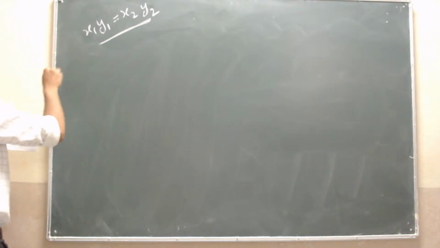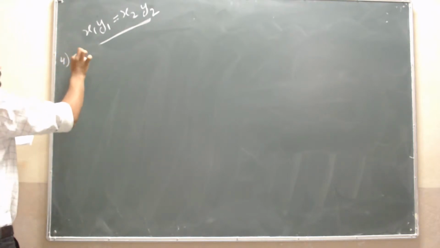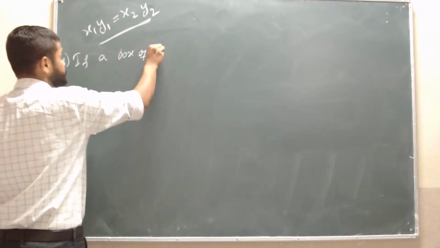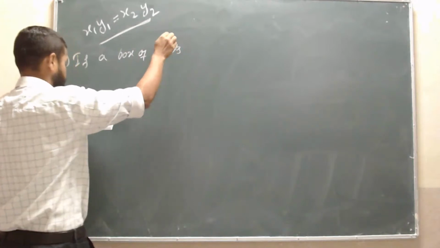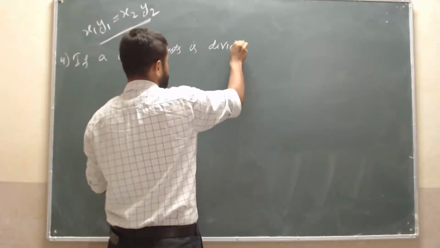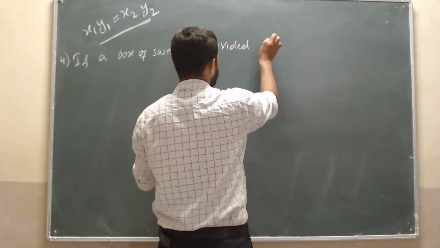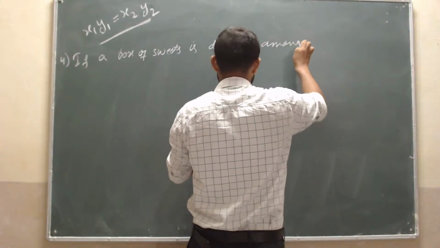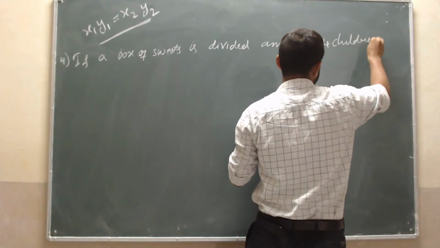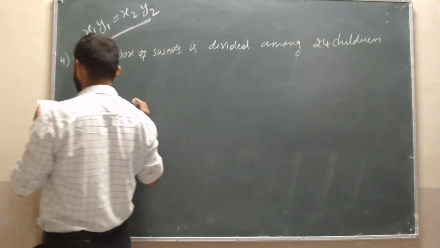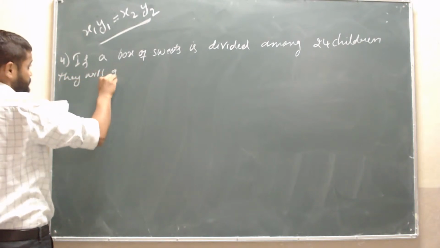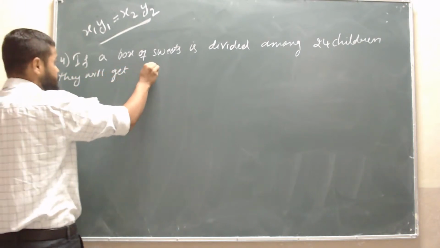If a box of sweets is divided among 24 children, they will get 5 sweets each.